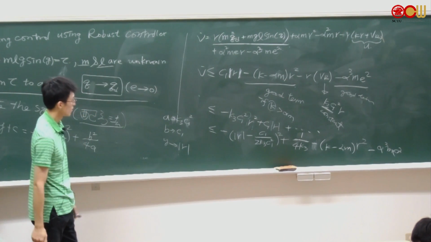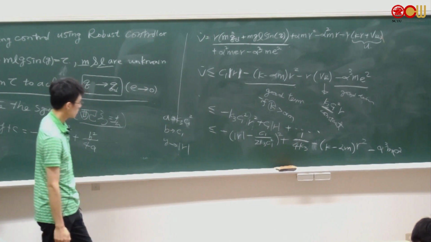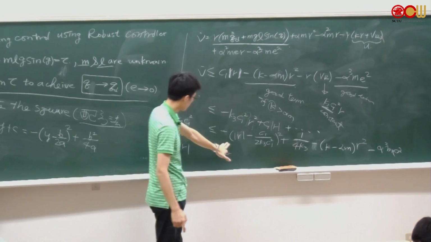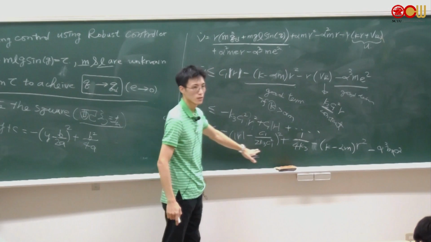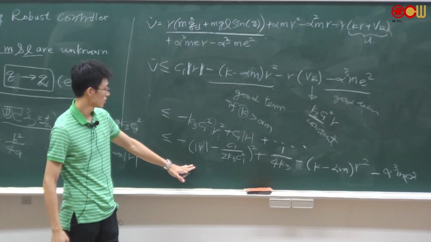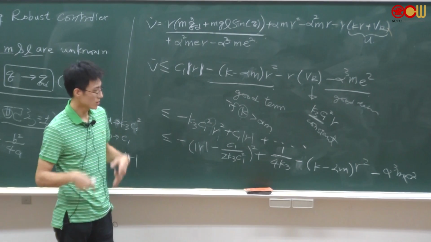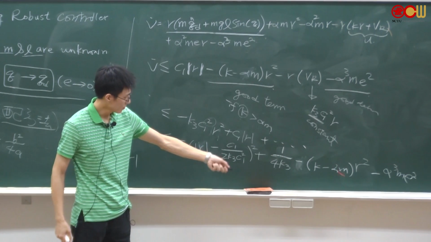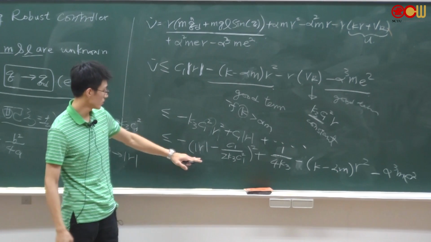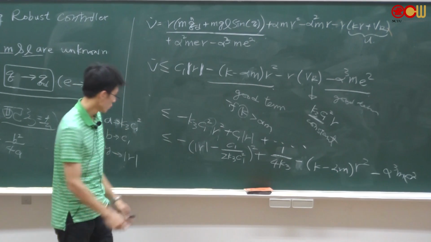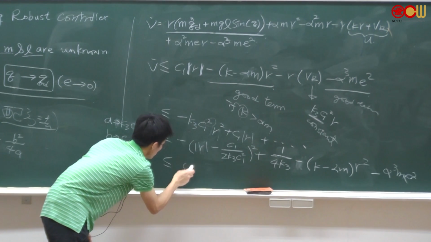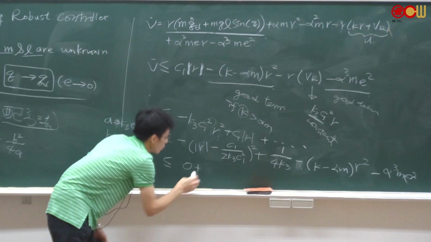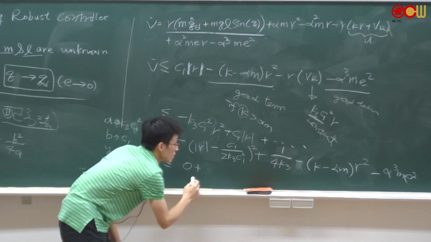Is this okay? Okay, so this term is always negative, right? It's not an E squared term, it's not an R squared term, but it's always negative. So we can further upper bound a negative term by 0 and keep whatever is left.